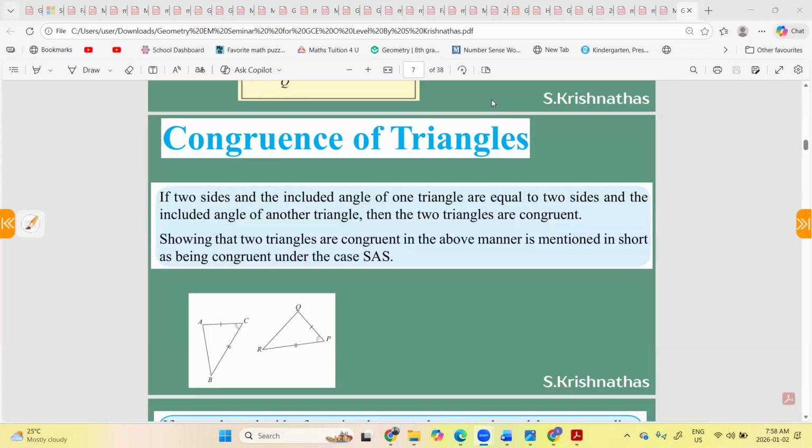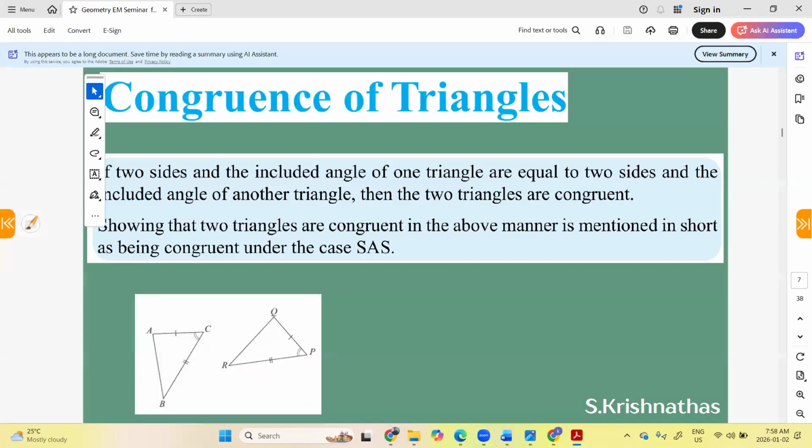That is one of the cases. Here, students, you mention this word included angle. So which one is the easiest? This one is also right.